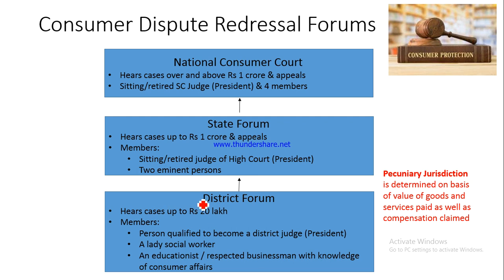In district forums, again, have a look, it will be hearing cases up to rupees 20 lakh. So for example, if a customer has been sold a television, let's say a high-tech television costing 60,000, and suppose he is not happy and satisfied with the quality, he feels that he has been missold, or suppose he has been sold an insurance which he is not happy about, he feels that he has been missold, he has not been provided all information before purchasing that particular product or service, then he can go to the district forum.